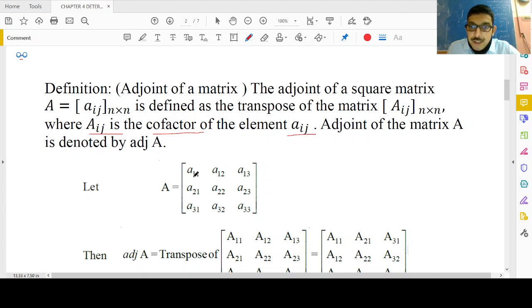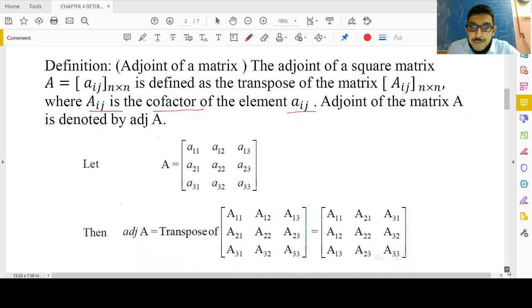For example, consider a 3 by 3 matrix. Let A equal to a11, a12, a13, a21, a22, a23, a31, a32, a33. So the adjoint of A will be the transpose of the matrix of cofactors. Here capital A11 is the cofactor of small a11, capital A12 is the cofactor of small a12, and so on for other elements also.